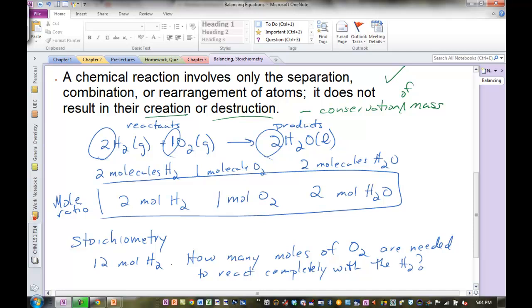All right, so there's our question. This is stoichiometry. We start with 12 moles of hydrogen. How many moles of oxygen are needed to react completely with the hydrogen?